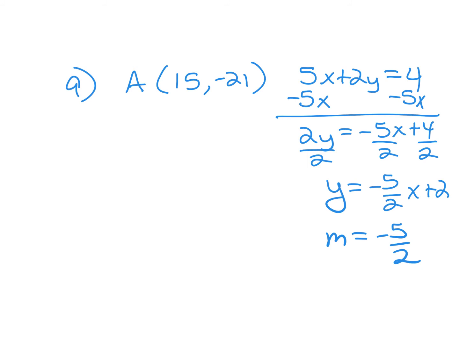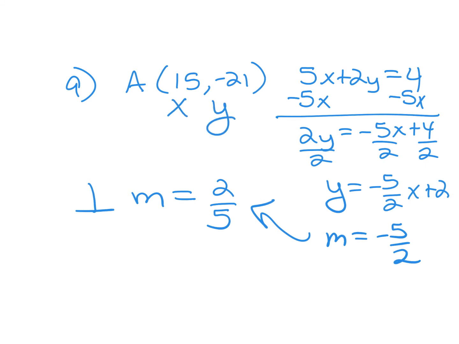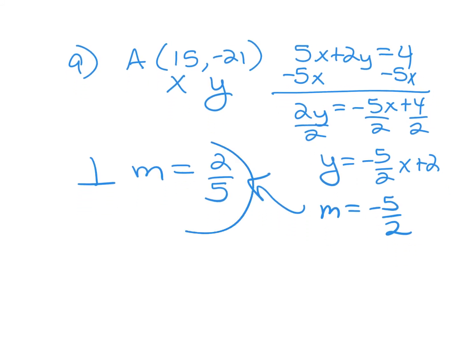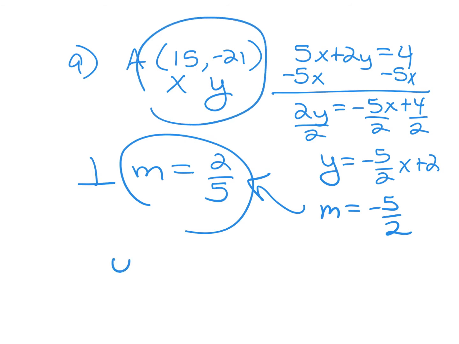I want the slope that's perpendicular, so the perpendicular slope is going to be flipped and opposite sign. So the perpendicular to that would be 2/5. I'm going back and using my original ordered pair, and now I'm going to plug these three things into y equals mx plus b, because I need to get the perpendicular equation.